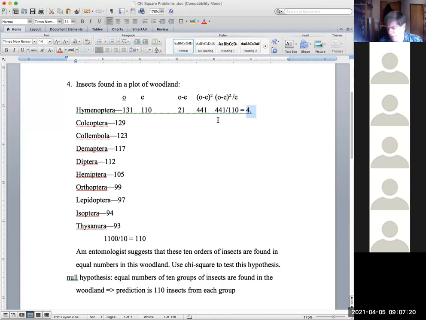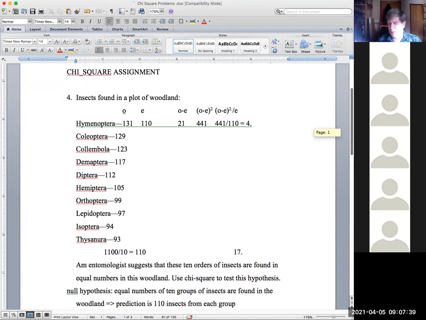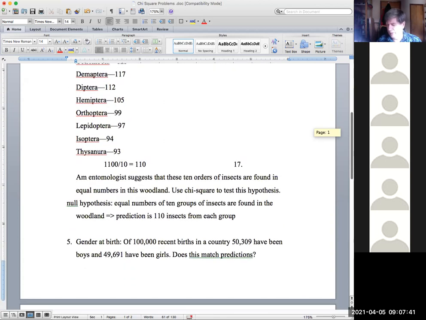This can't be a negative number because this number is positive, your expected number is positive. So this number has to be positive. When we add up all these numbers for our chi-squared value, we get 17 point something, if I remember correctly.